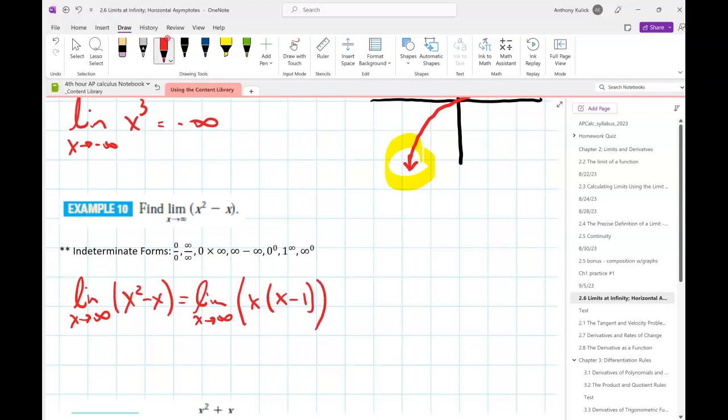Because what can I do if I have the product inside of a limit? This is one of our limit laws. I can take the limit of each factor in my product. That's exactly right.